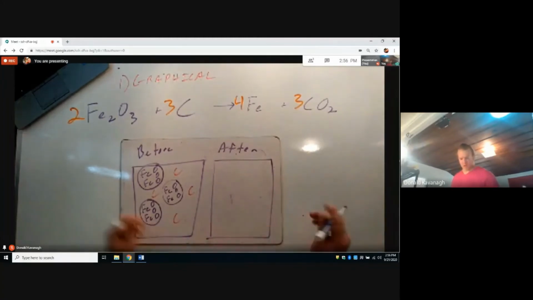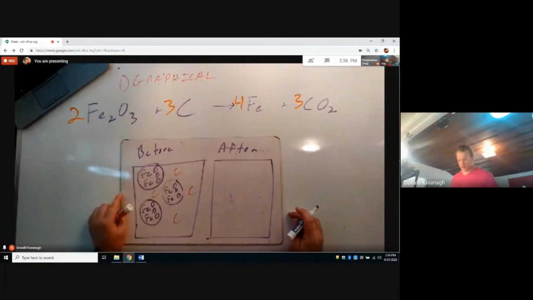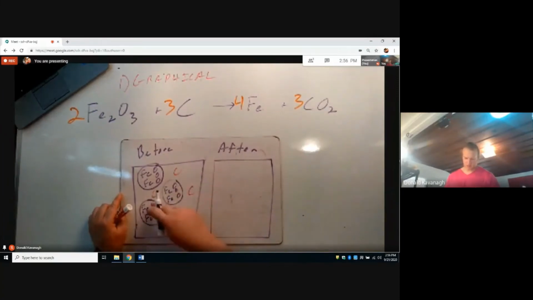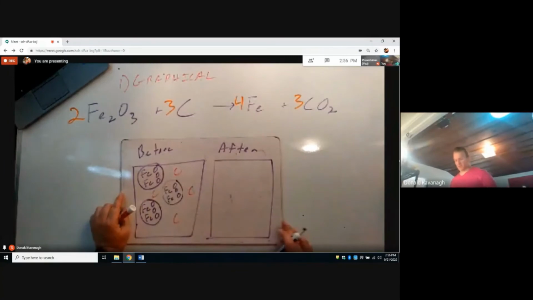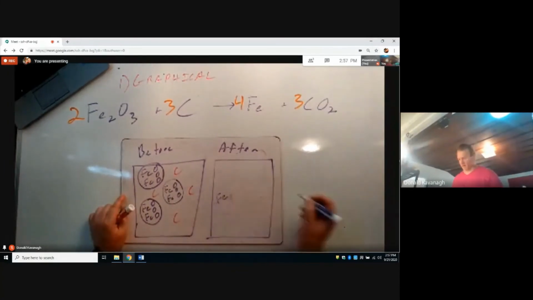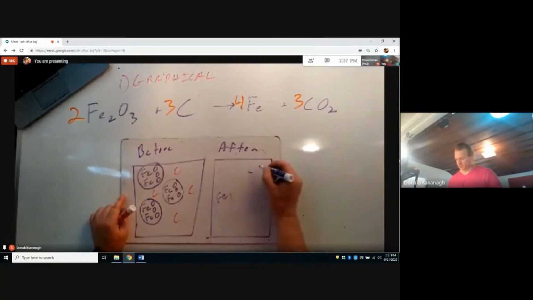So we have 1, 2, 3, 4, 5, 6. We have 6 irons that could be produced total. And we have 4 carbon atoms and 9 oxygen atoms. Let's just start doing this one at a time. We got an iron there, and then a CO2.